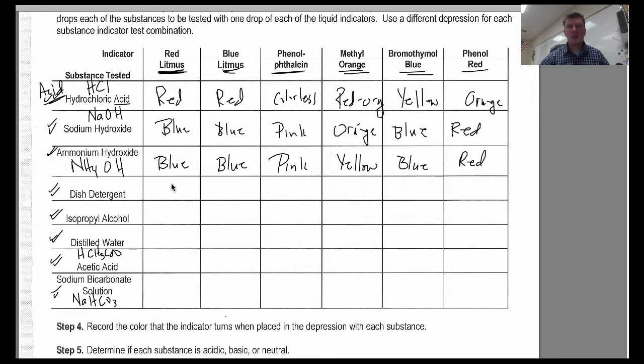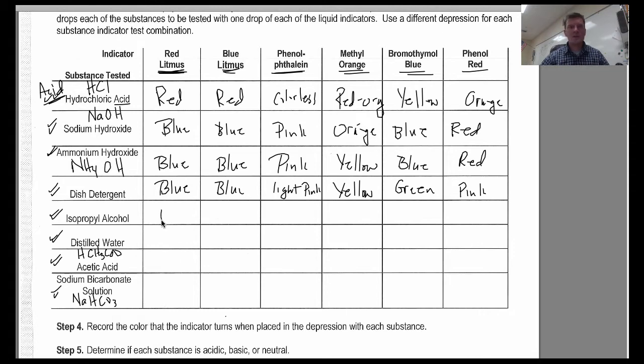Okay. Dish detergent was blue. Stayed blue. This was kind of a light pink. And here we had a yellow. We had green. And a pink.